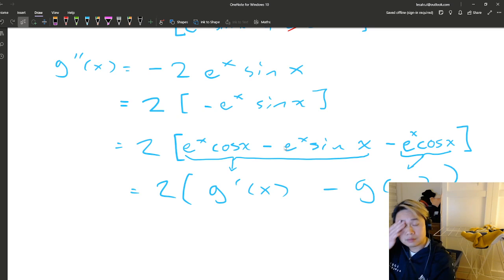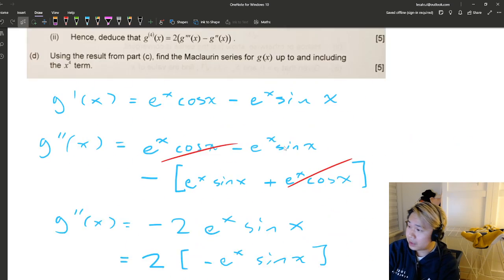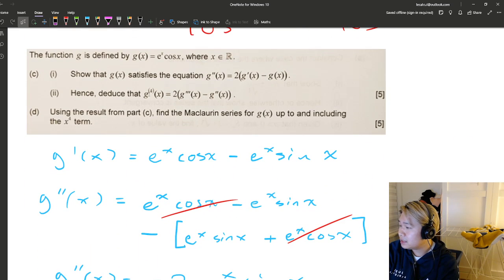Whatever. Okay. Next up, hence deduce that the fourth derivative is going to be this. Okay, sure. We'll try it out.